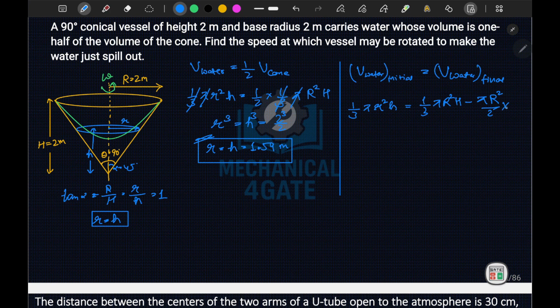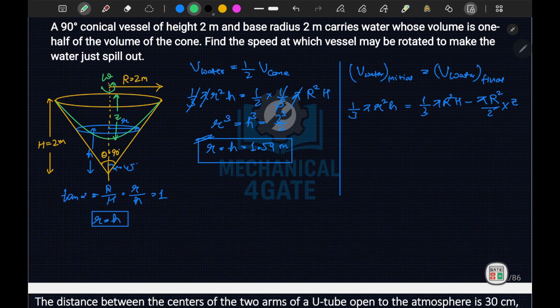The height is equal to r square omega square by 2g, let's call it z. This height is z, let's say.